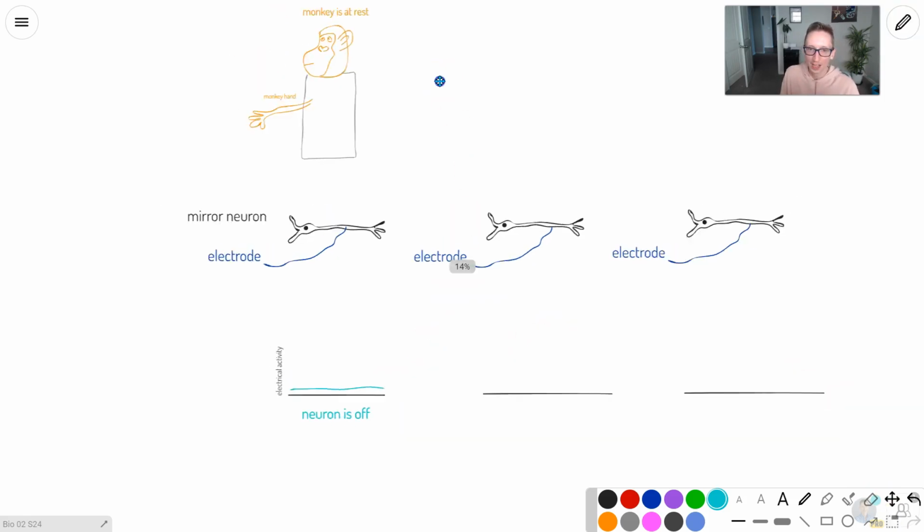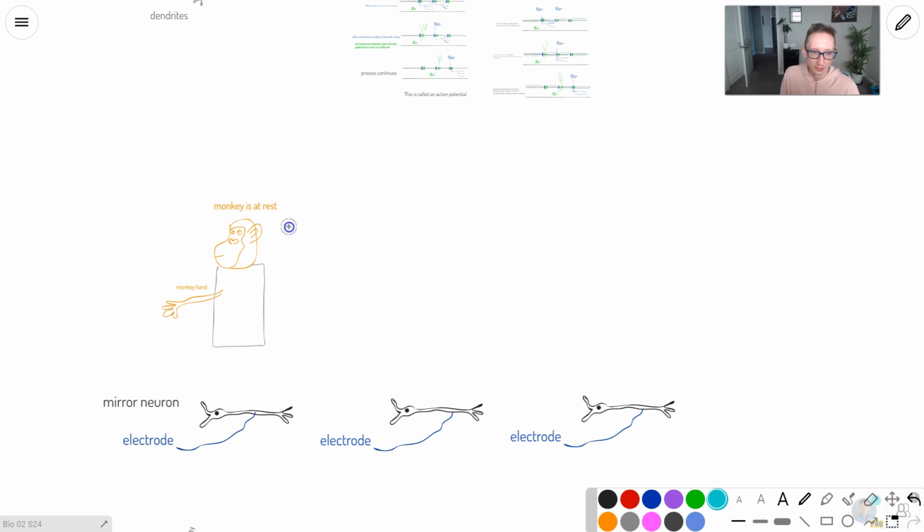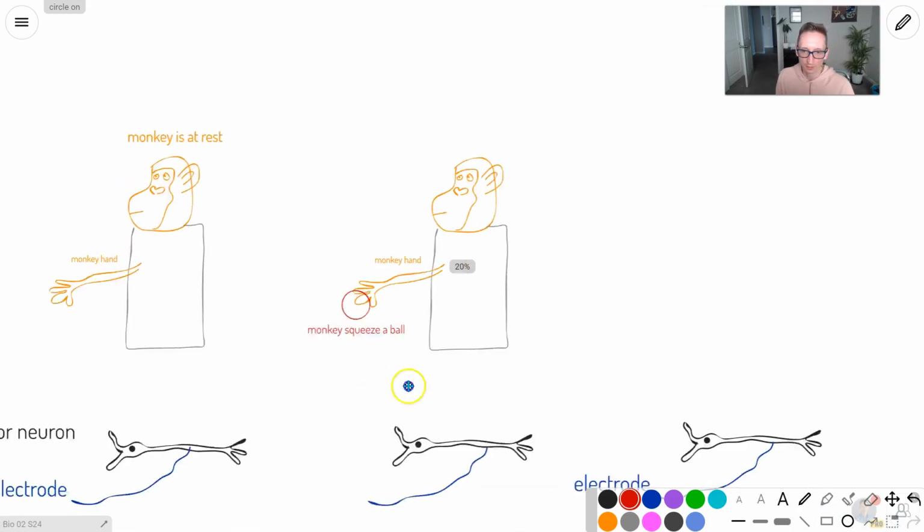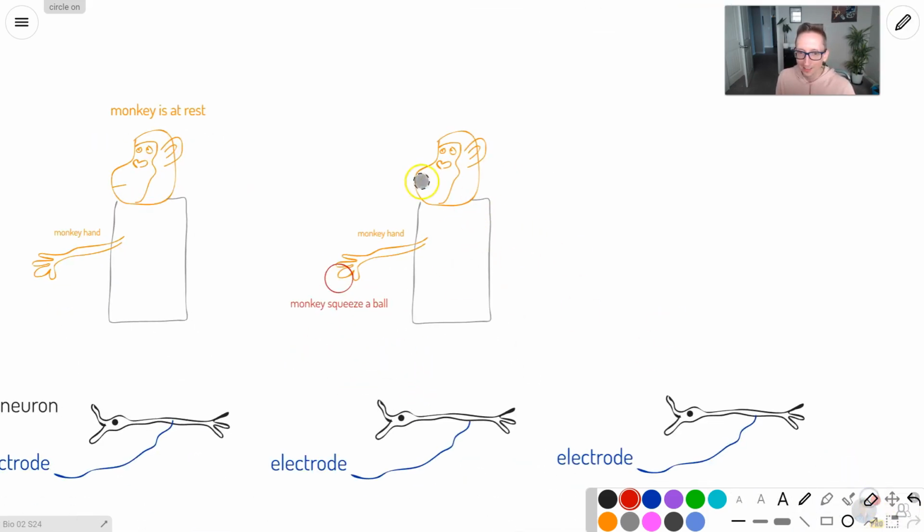Okay. Now, we take our same monkey with our same perfectly developed hand, and we have that monkey squeeze a ball. The monkey squeezes the ball. Monkey likes to squeeze the ball.